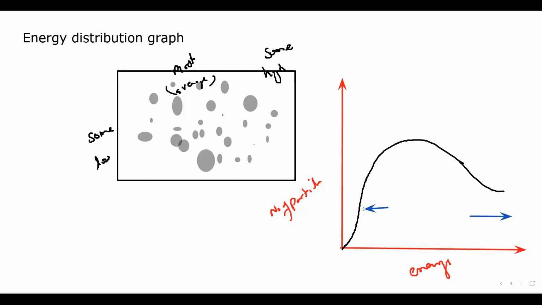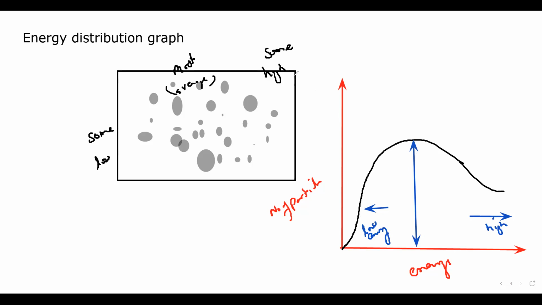Some of the particles will have low energy. But most of the particles will have average energy, like most of the particles will have energy which is equal or the same.